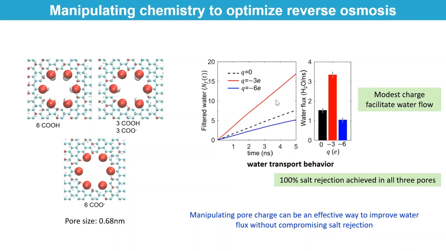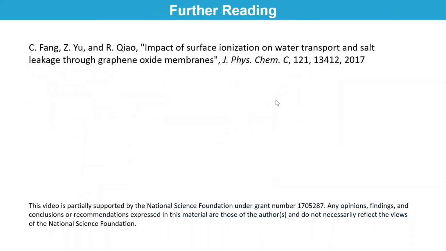Through this example, we appreciate the importance of chemistry, or the functionalization of the graphene, in modulating the transport of water, which is classically a fluid dynamics subject. This reminds us again of the importance of chemistry in fluid dynamics. If you are interested in exploring these ideas further, and especially why a moderately charged pore helps to get the best water flux, you can refer to this paper.